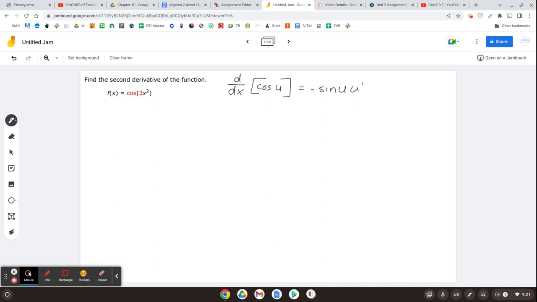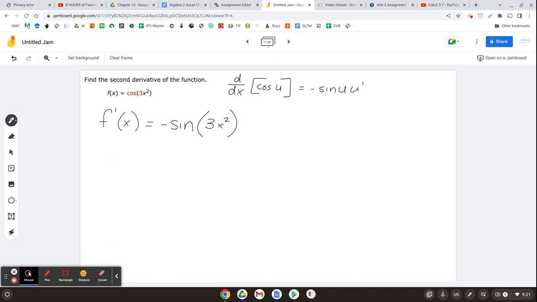So when we're taking the first derivative here, that's going to be negative sine of the thing. The argument is 3x squared, the function. But then you have to multiply by the derivative of the thing.